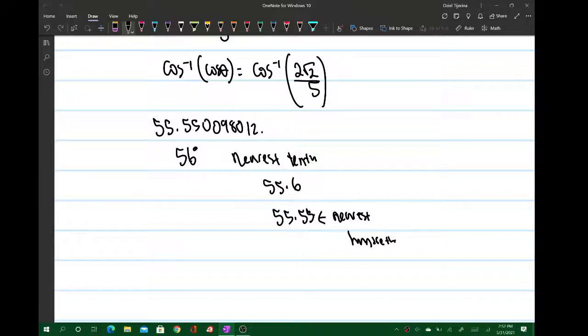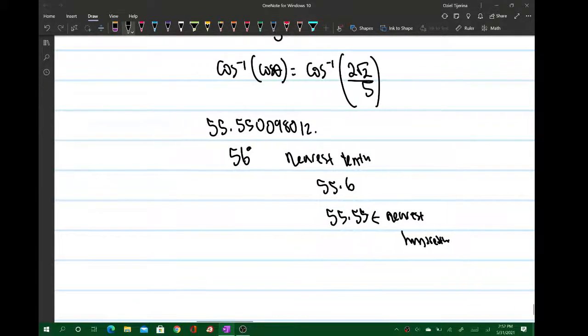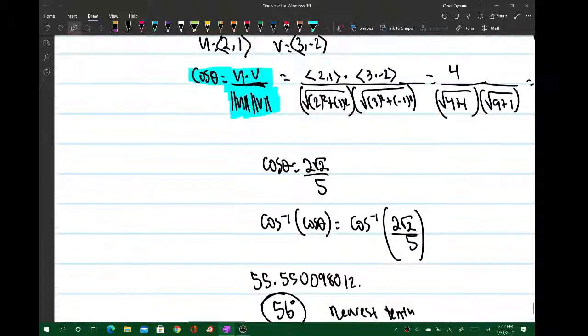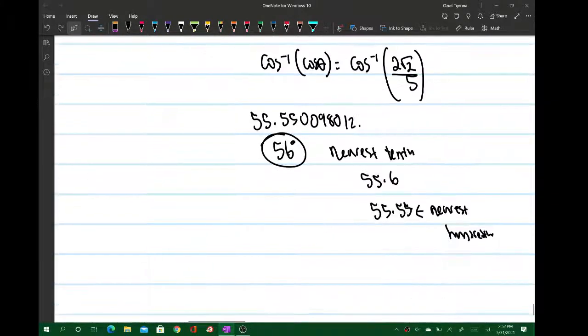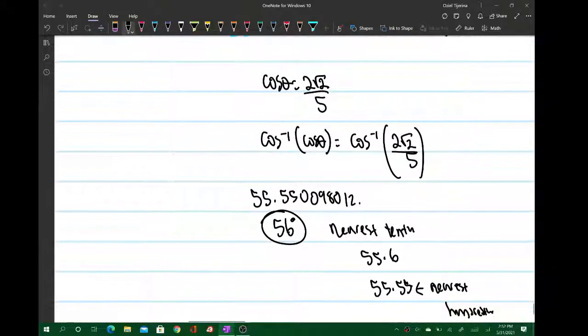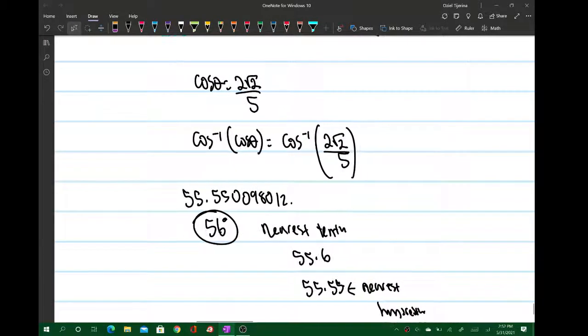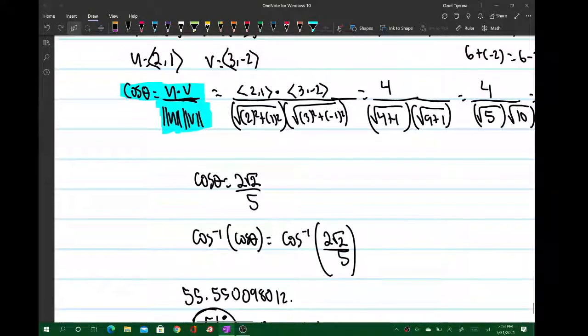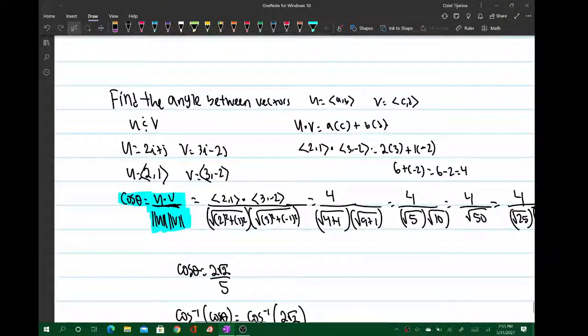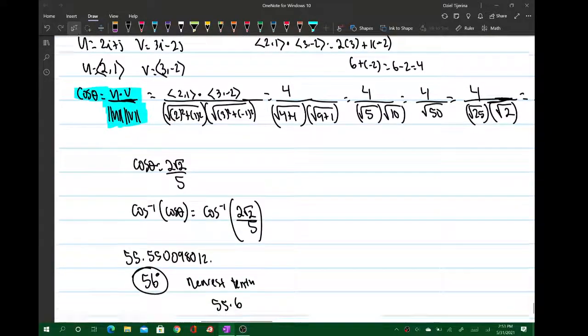But I always like to do the nearest degree or the nearest tenth, either one. It really depends on how they want you to do it. To the nearest degree would be 56 degrees because it's 55.6, so that rounds up to 56 degrees. So your answer for the angle between the vectors u and v is going to be 56 degrees.